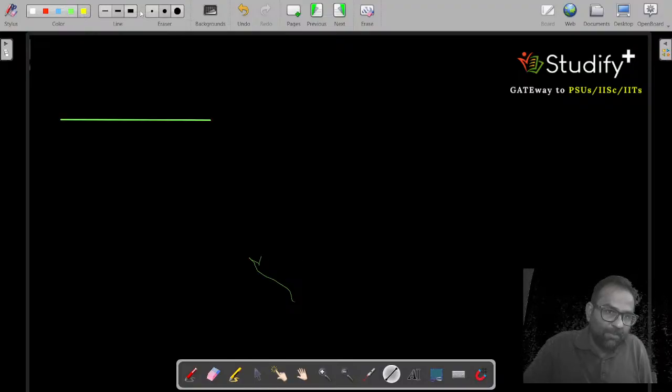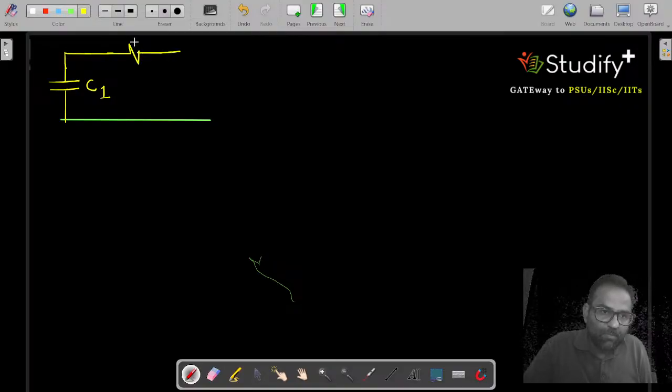We are having capacitor number 1, C1, we are having this, and we are having C2.